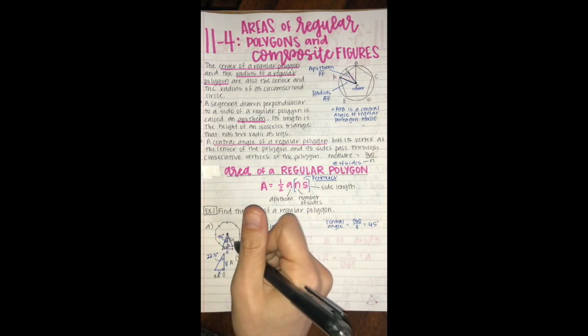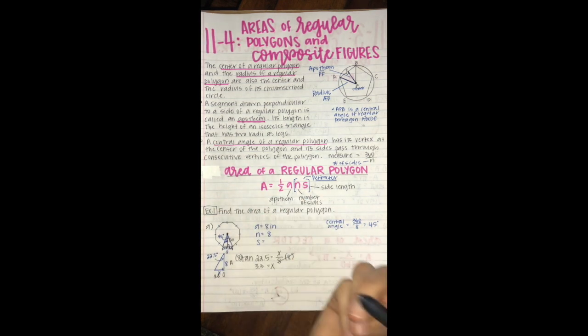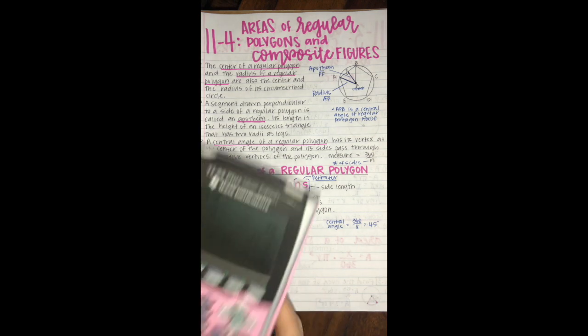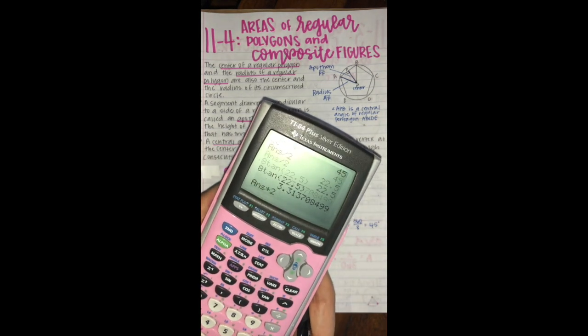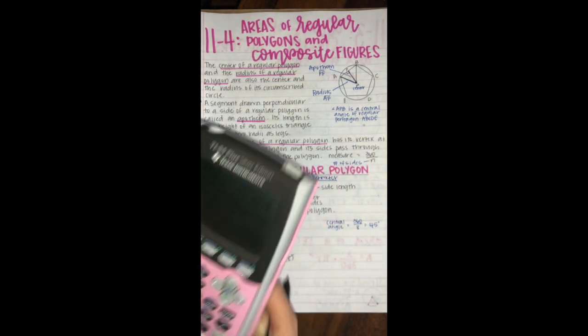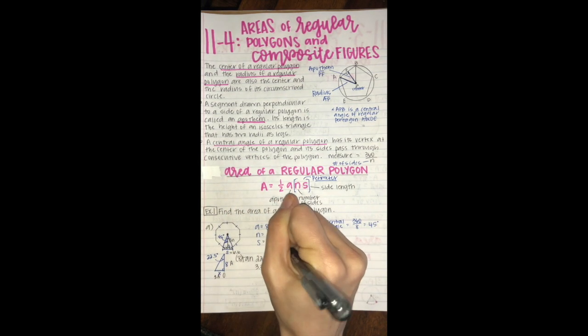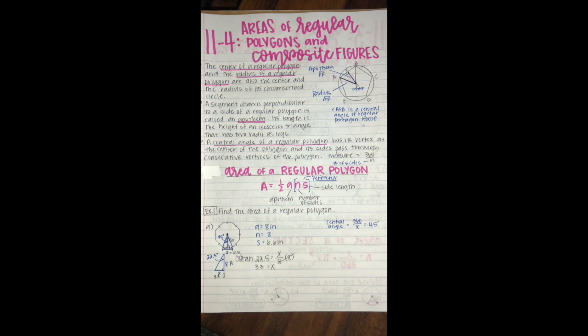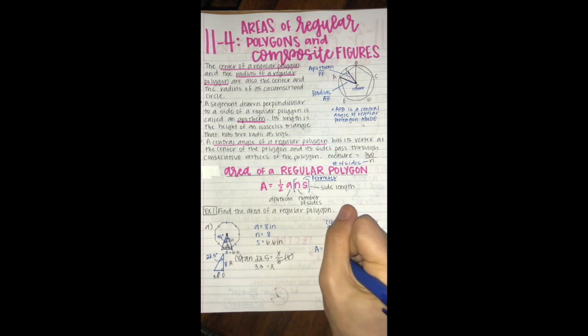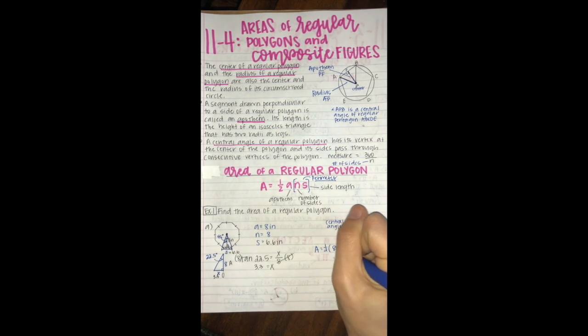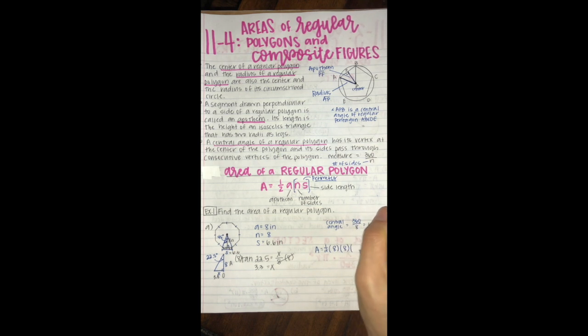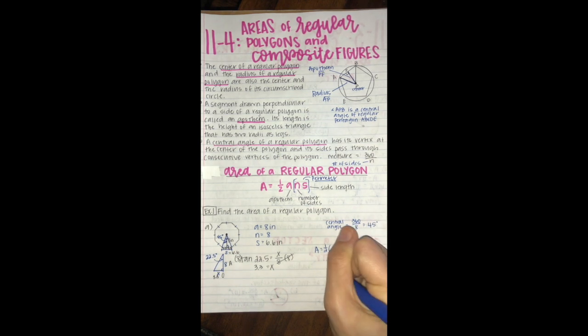And if they're isosceles, these would be equal, so they're both 3.3. So side length would equal that times 2, or adding to itself, so 6.6. So it's 6.6 inches. So now to find the area, we do 1/2 times A times N times S.